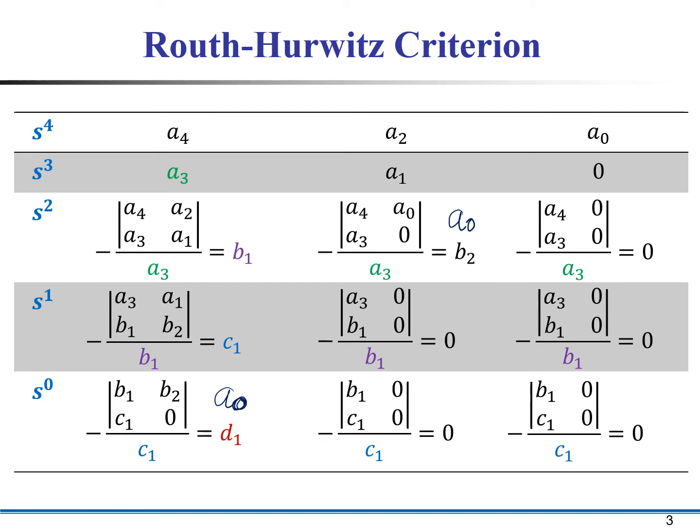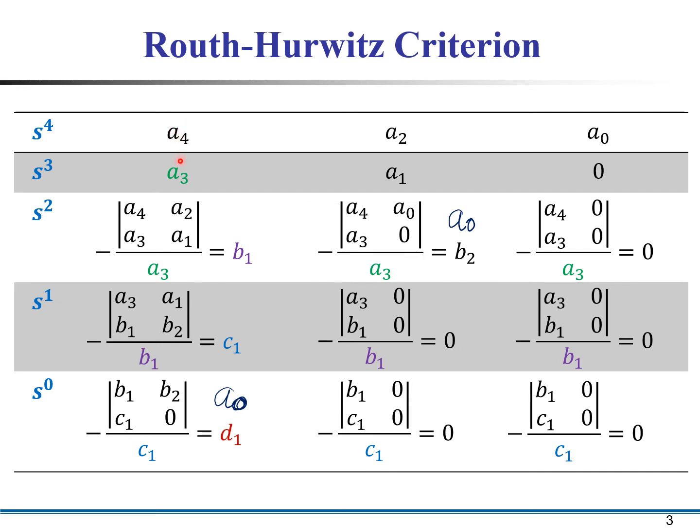How we can determine the system, how many number of poles are in the right half S-plane? We see how many times the sign of the coefficient in the first column are changed. Like here in the first column we have elements A4, A3, B1, C1 and D1.